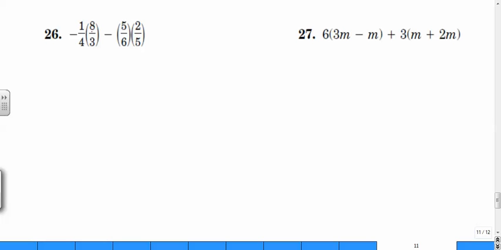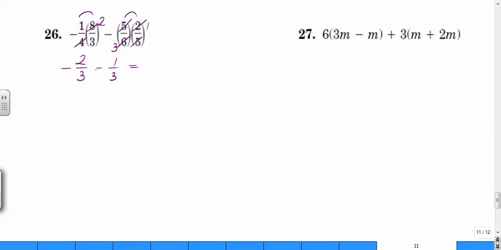1/4 times 8 over 3. We're multiplying first each one of these, right? It would be negative. Now 4 goes in 8 2 times, so it'll be negative 2/3. Here I got 5 and 5 that will cross cancel, and also 2 and 6. 2 goes in 6 3 times, 2 goes in 2 1 time, right? So it'll be minus 1/3.